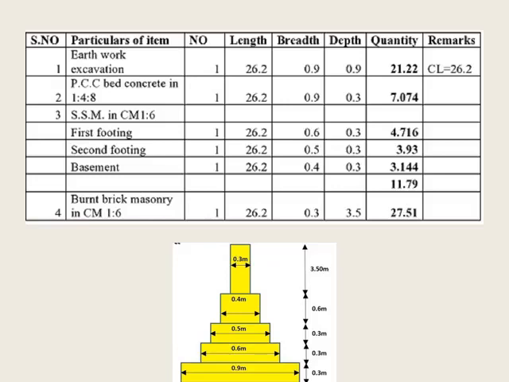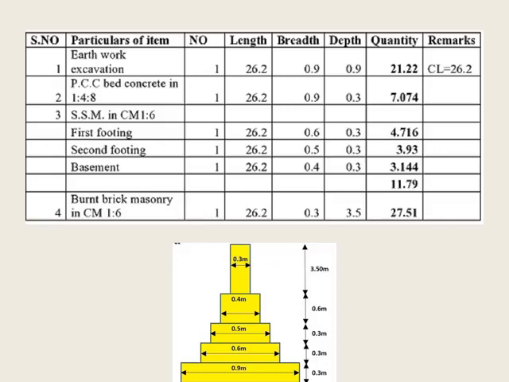Now calculate for the basement in SSM in CM 1:6. Again the length remains the same, 26.2, breadth given in the section is 0.4, and depth is 0.3. If you multiply 26.2 into 0.4 into 0.3, you will get 3.144 meter cube.